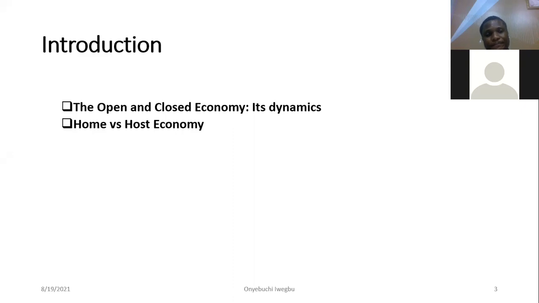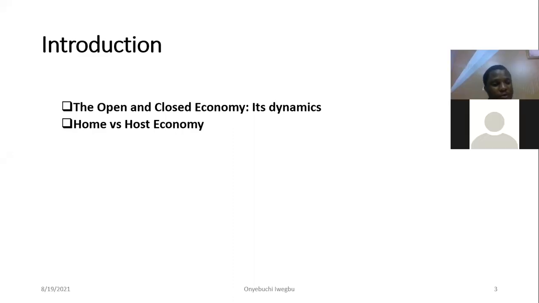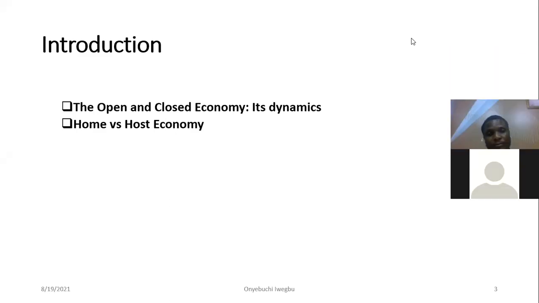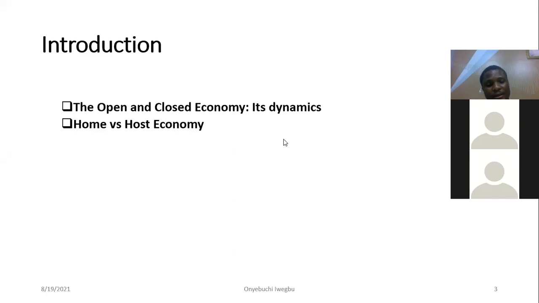Anybody? Okay, Munna, can you tell us about an open economy and a closed economy? Good evening, sir. Can you hear me? Yes, I can perfectly. An open economy is an economy that trades with other economies or other countries.